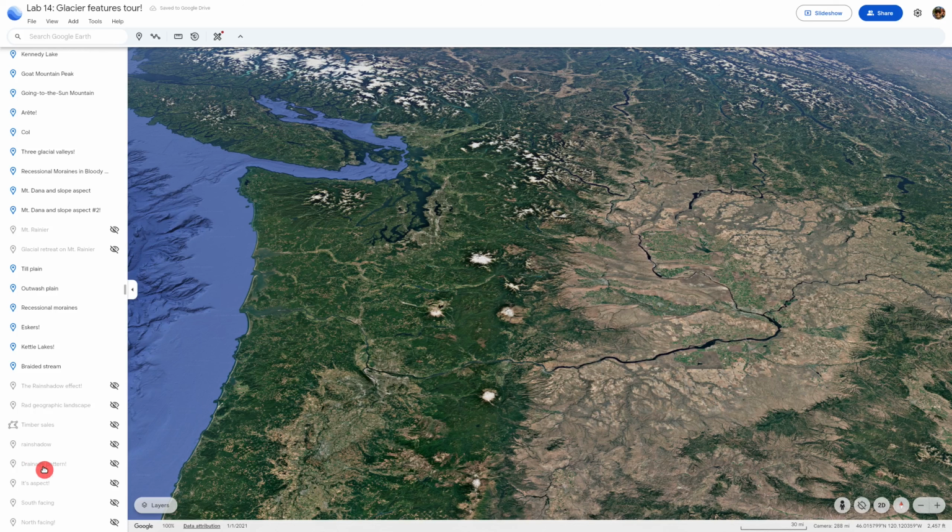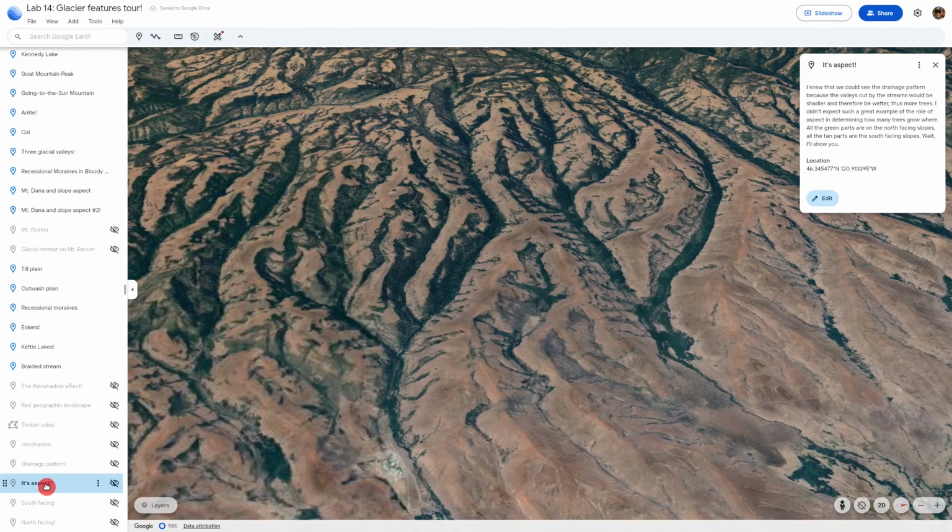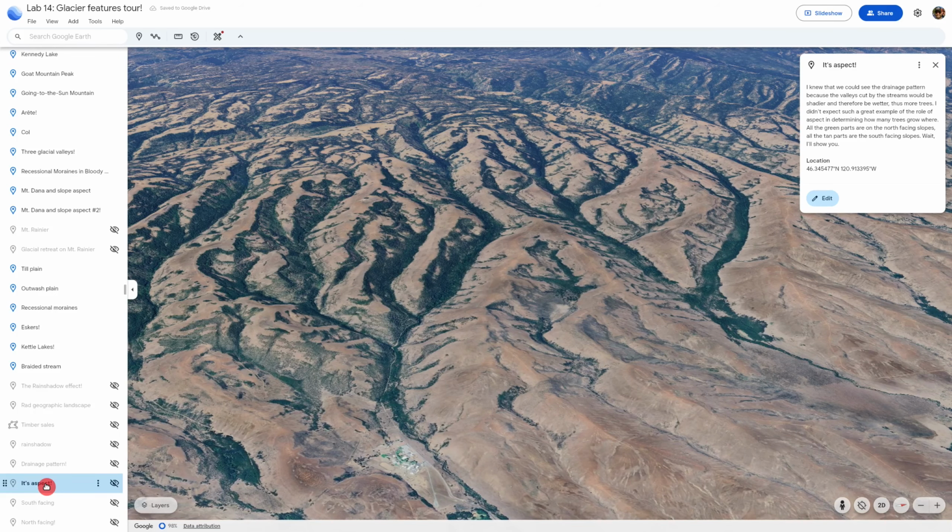I was looking one day at this region in Google Earth. I zoomed in and I realized that I could see drainage patterns. I could see the patterns that streams and rivers were making on the landscape. And I could see that because those areas were more shaded, so they had more vegetation. And then as I looked further, I realized that the slope aspect was determining how much vegetation there was.